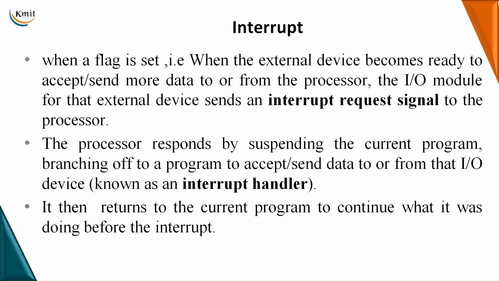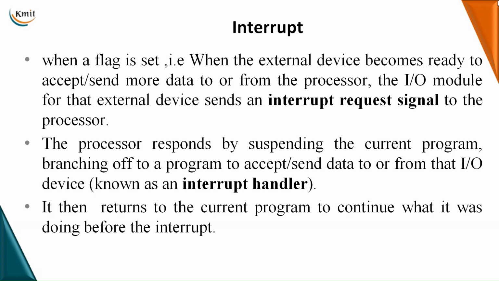Whenever the CPU receives an interrupt request signal, it stops the activity it is currently doing and handles the input-output device's interrupt request. Once it is done with the interrupt handling, it comes back to wherever it stopped the previous program and continues executing the remaining instructions of the program.